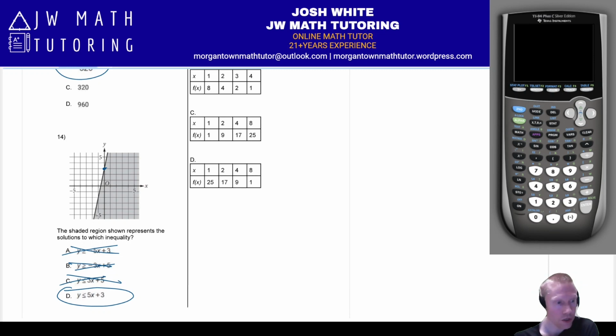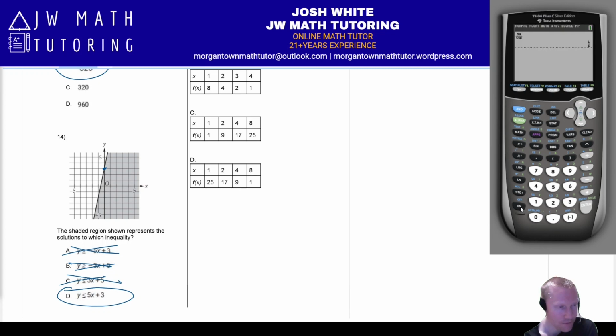Now, you could also graph this on the graphing calculator. It'd be kind of a pain because you have 4 possible answer choices to check. But just to show you, if I was going to plot out D, I would put in 5x plus 3 and hit enter.